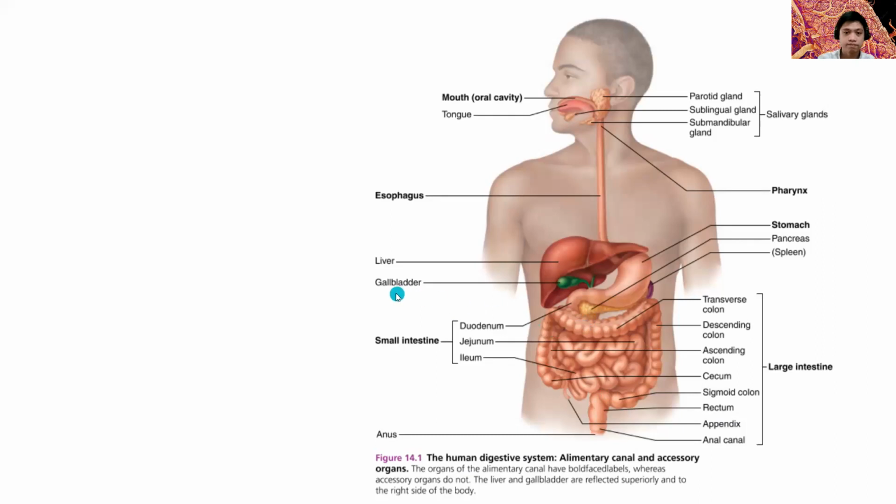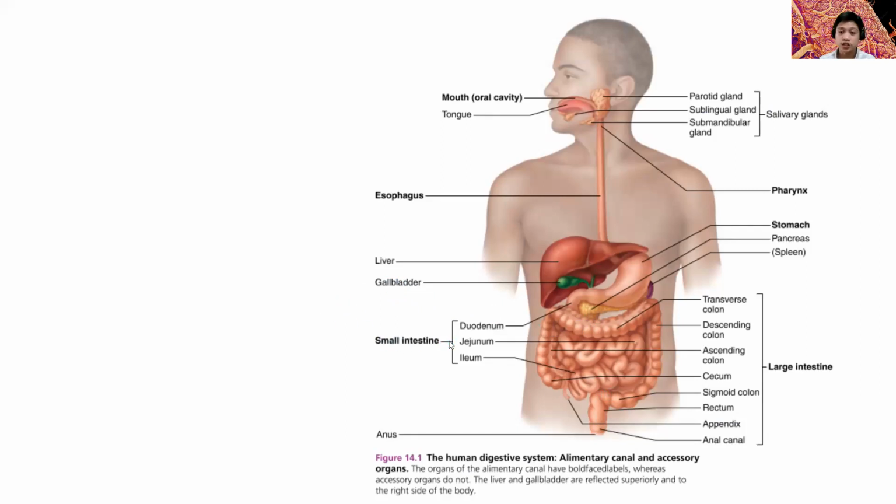So again, what are the components of our alimentary tract? The mouth, the pharynx, which feeds into the esophagus, the stomach, the small intestines, which in essence are composed of three portions which are continuous with each other: the duodenum, jejunum, and ileum.